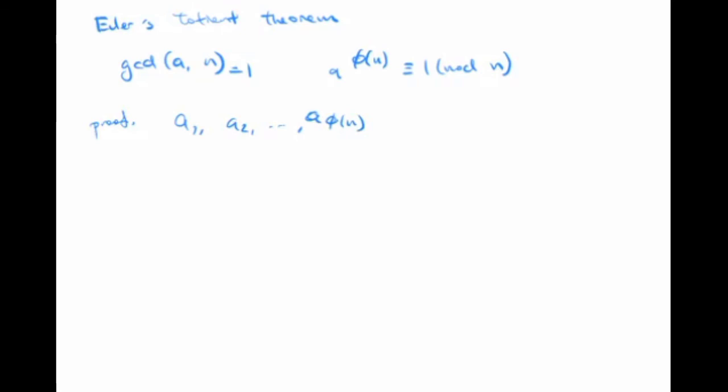And then let's pick some residue A. Then AI is not congruent to AJ, right? We know that A1, A2, up to A totient of N. So basically A times each of the numbers in this list is some permutation of it.